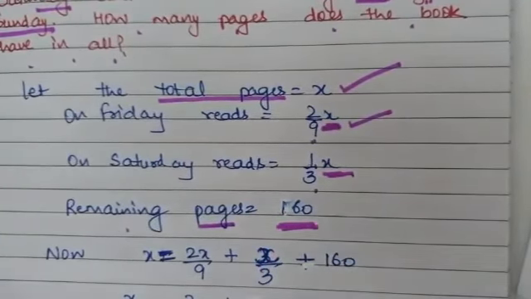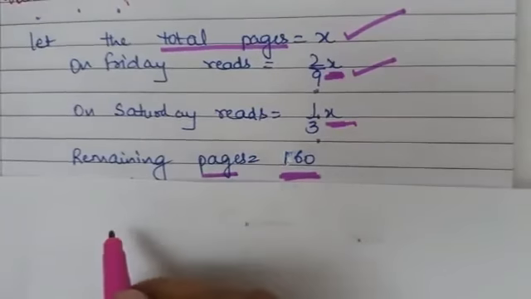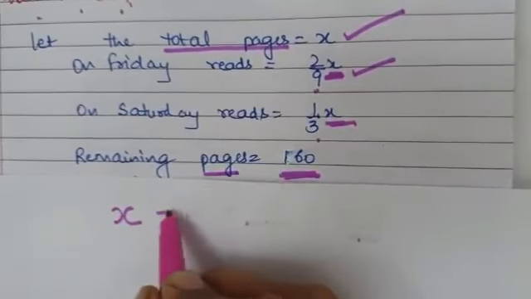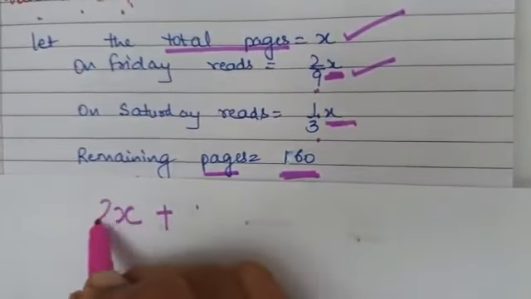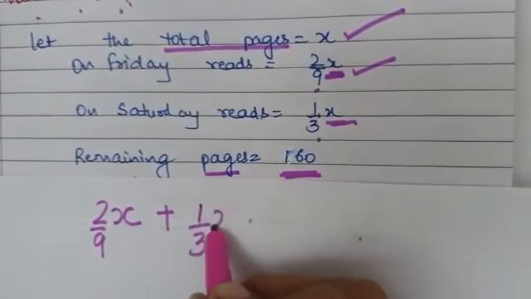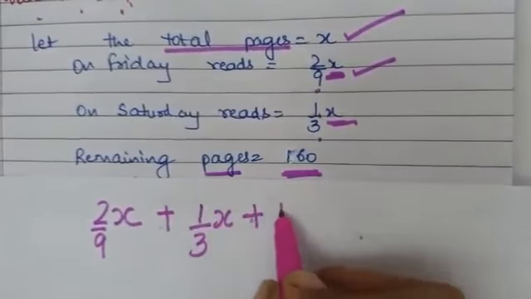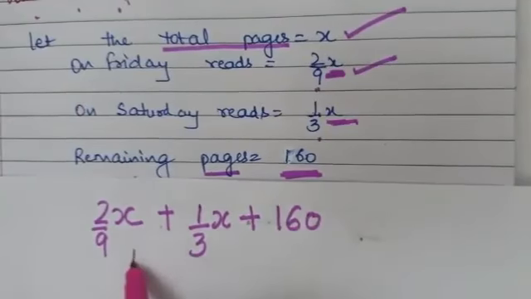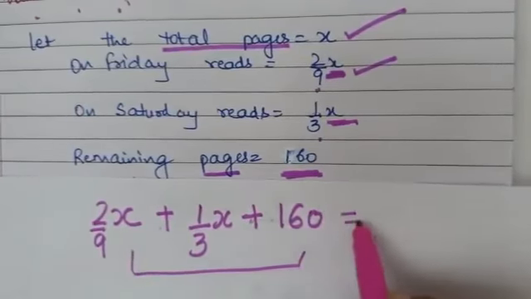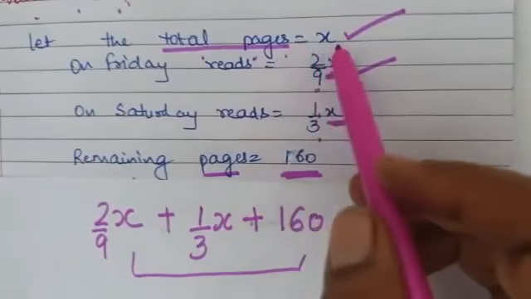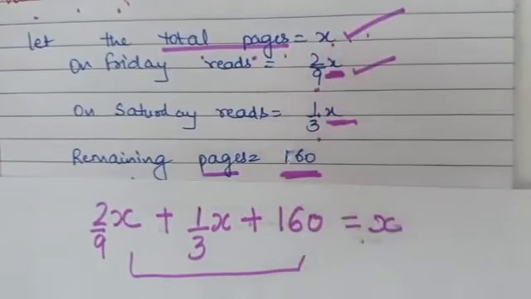Clear, children? So now, the number of pages he read on Friday plus the number of pages he read on Saturday, and the remaining 160 pages he read on Sunday, the total pages will be equal to X, because we have taken the total pages as X.